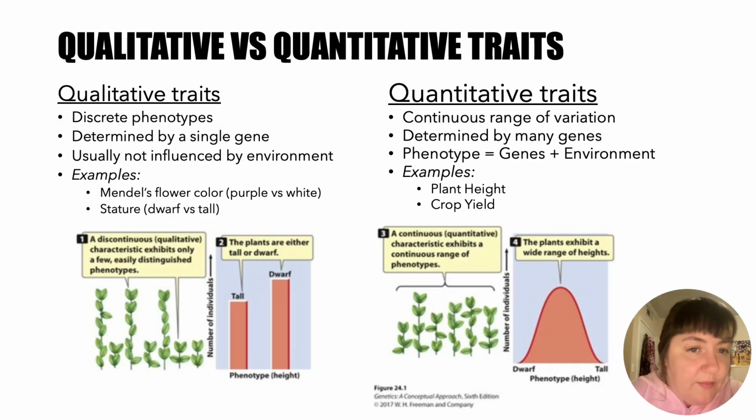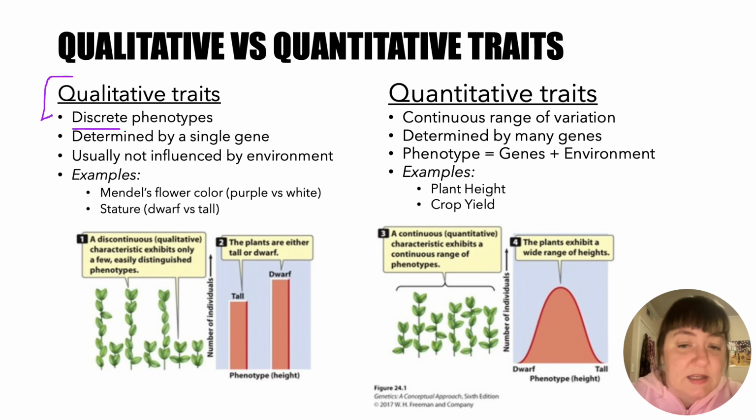All right. Here I just wanted to talk a little bit about the difference between qualitative versus quantitative traits, which is important for plant breeding. So qualitative traits, all of the traits that Mendel looked at were qualitative traits. So basically they fall into discrete phenotypes.